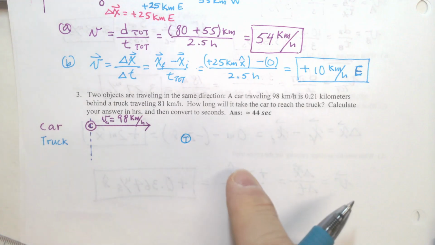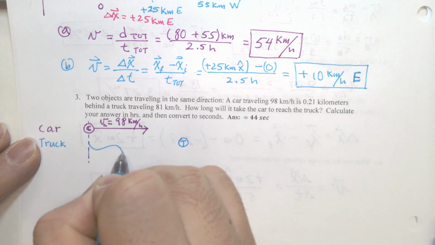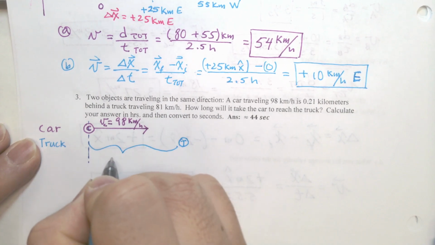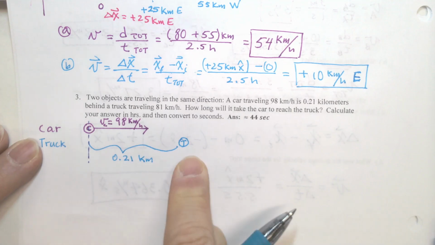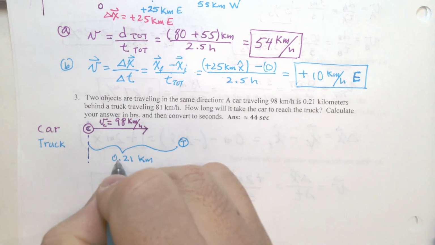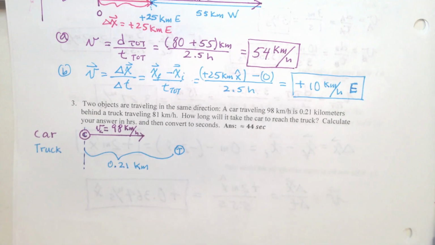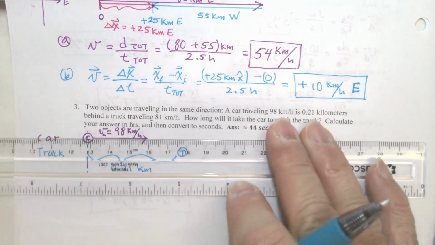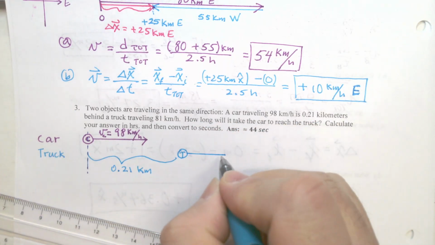And the car happens to be 0.21 kilometers behind the truck. So the truck is 0.21 kilometers ahead of the car. And the truck is traveling at 81 kilometers per hour.